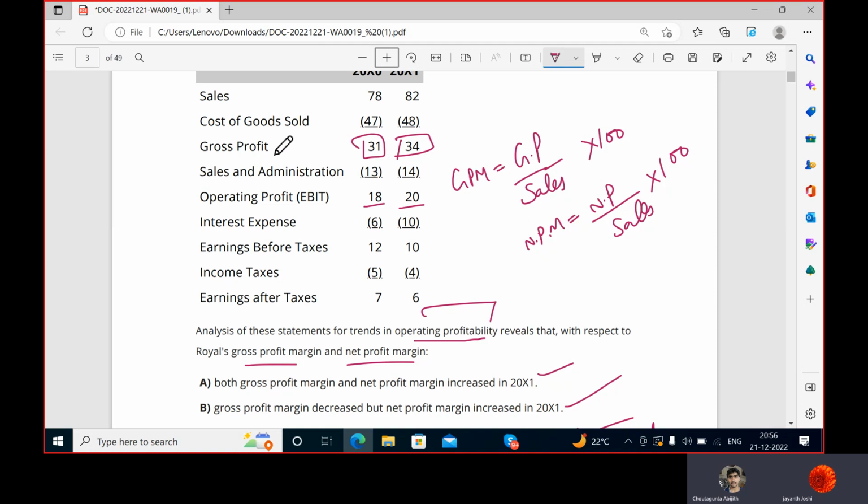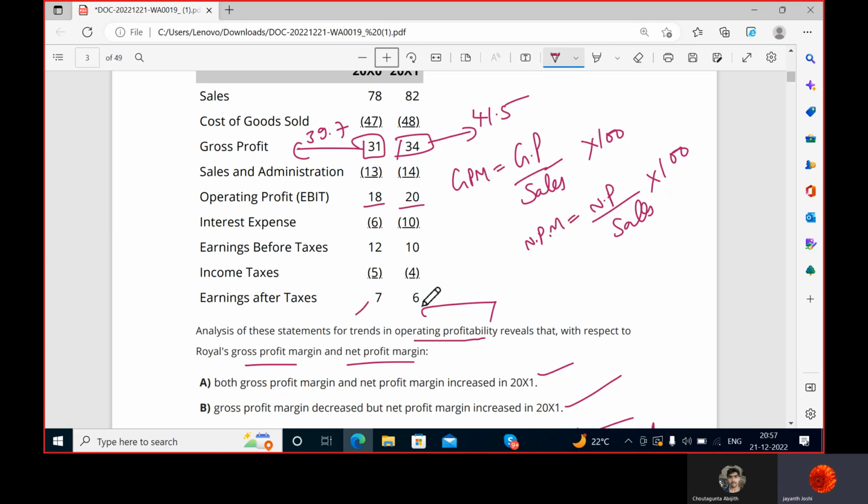So tell me, this year, what is the gross profit margin? 39.74. That is in which year? Okay, I'm writing 2010. Then this one? 41.46. Okay, 41.5.